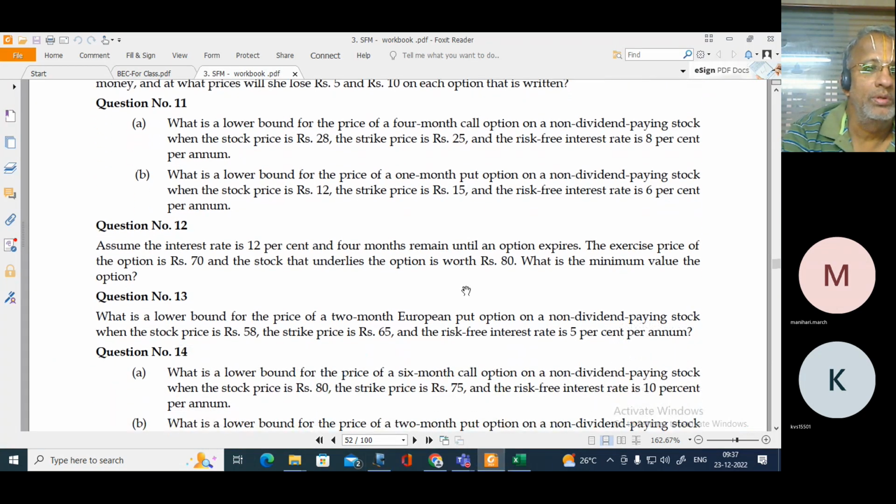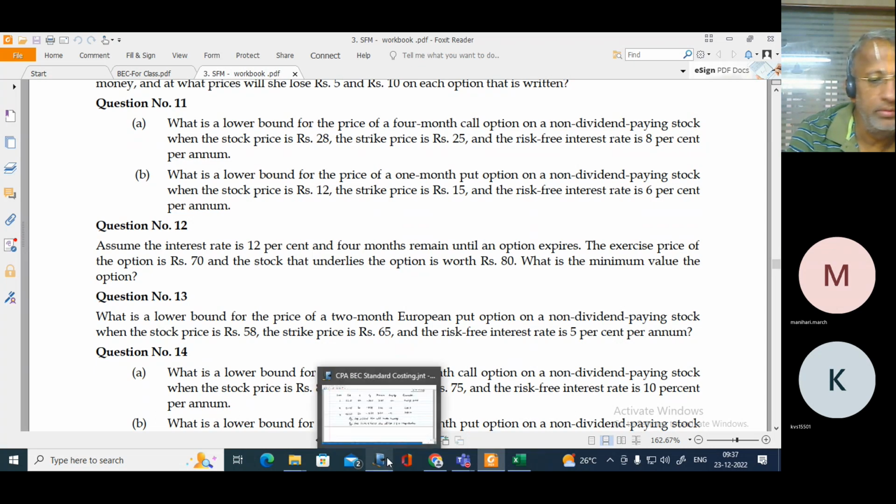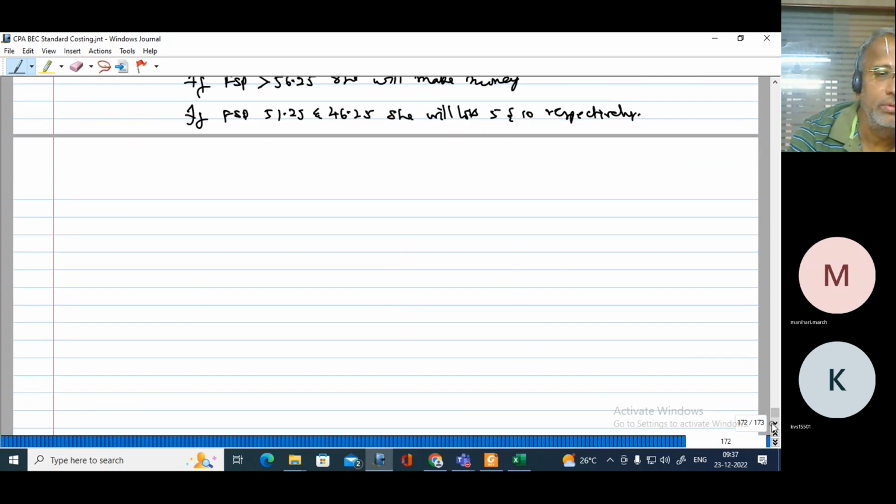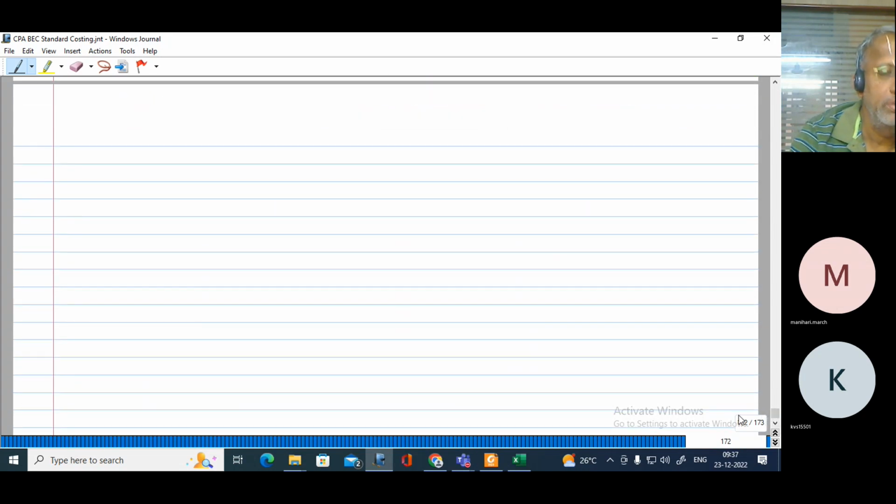See, now the stage has come where we have to solve problems and confirm our premiums were all correct. This is what you call the option pricing model.